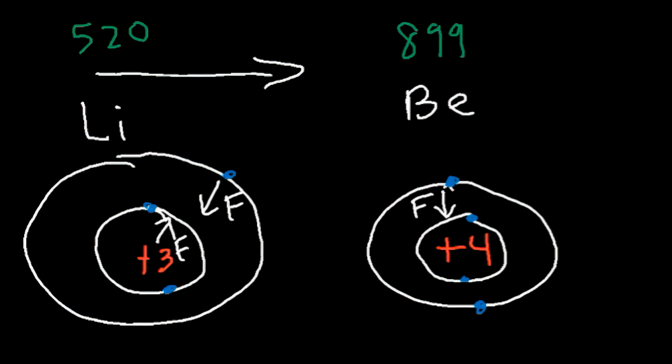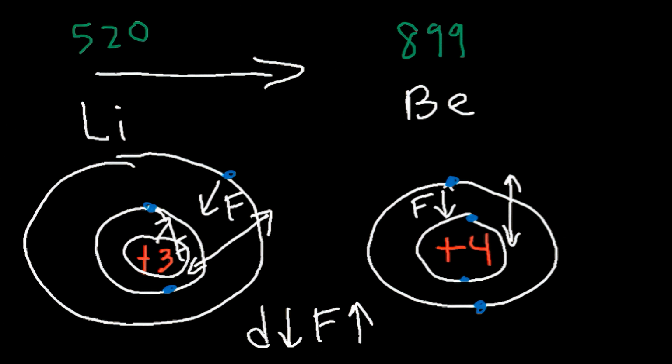But also, beryllium is smaller than lithium, and so the distance between the electron and the nucleus is much less than the valence electron and the nucleus within lithium. So remember, if you decrease the distance, the force of attraction increases.